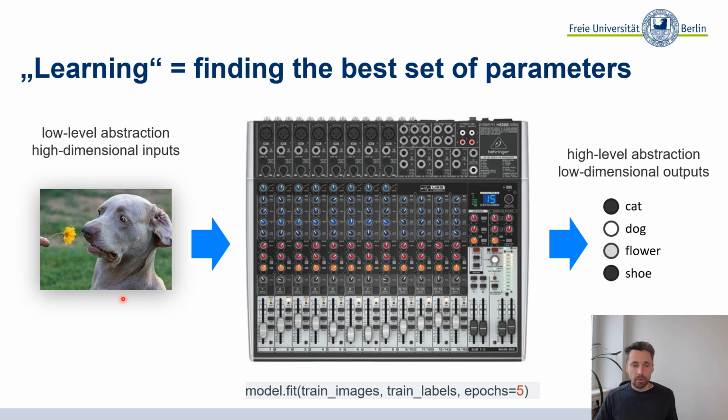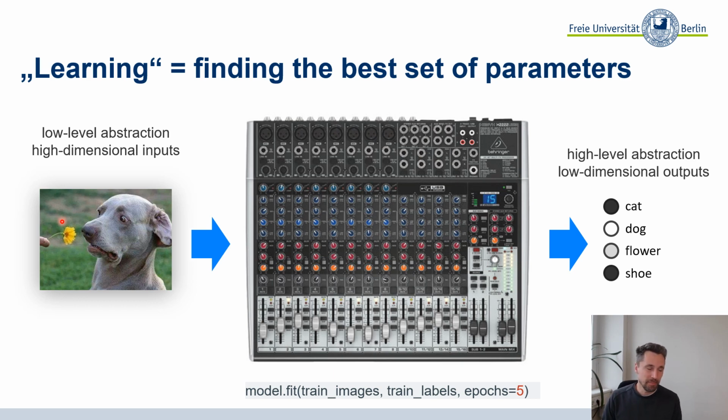So in images we have pixels, and each of these input variables has a value that does not represent high-level concepts. It's just a pixel.